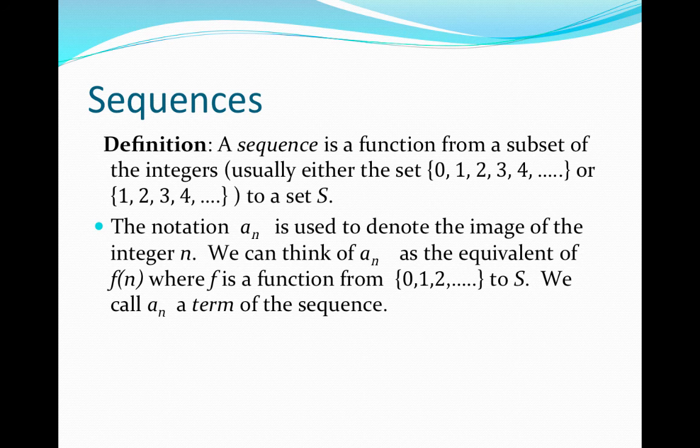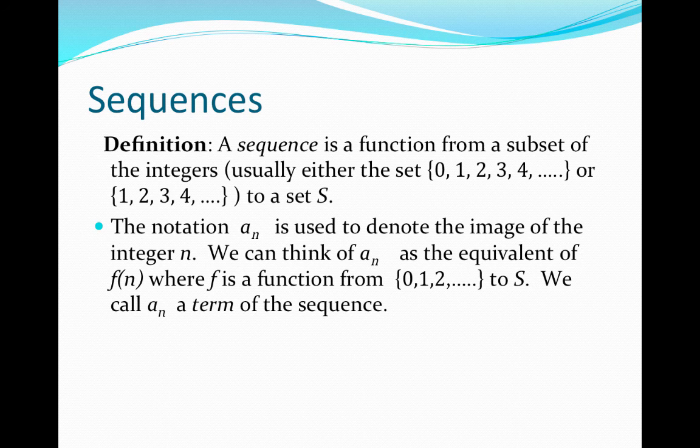So more formally, a sequence is a function from a subset of the integers, usually either the set of natural numbers, 0, 1, 2, 3, 4, and so on, or the set of positive integers, 1, 2, 3, 4, and so on. So either the integers or natural numbers are the domain of the function, which defines the sequence, and the codomain is any set S where the elements of the sequence take place.